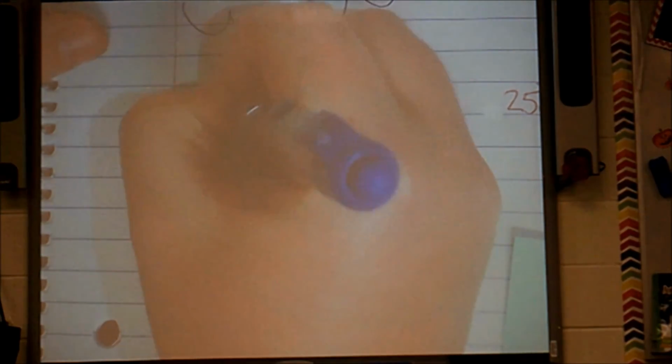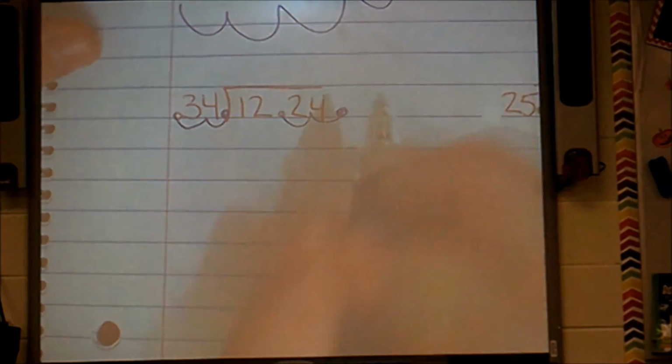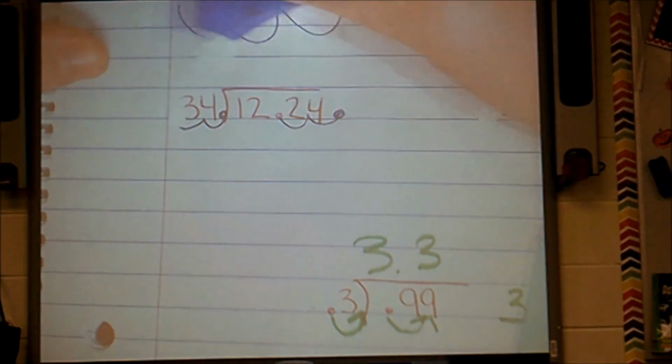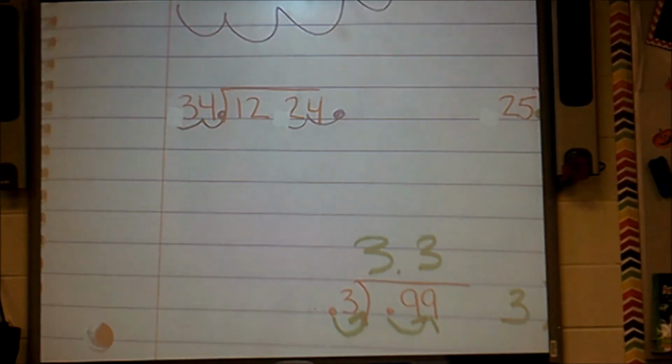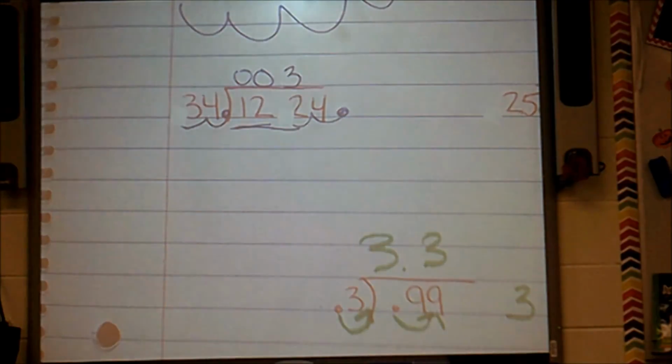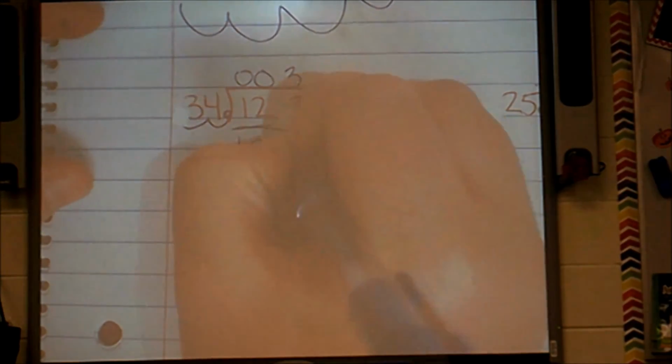I can see here that I'm going to bump it 2 place values, putting my decimal there. 2 place values, bumping my decimal there. So I have no more decimals to worry about at this moment in time. I'm just whiting them out to make it clear that they're not there anymore. 34 into 122 is 3, giving me a product of 102.